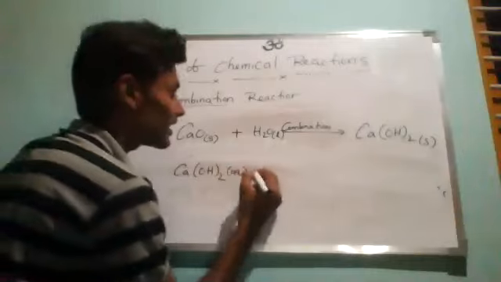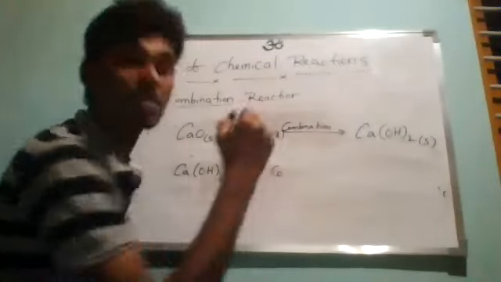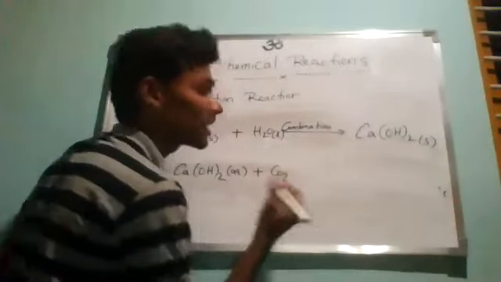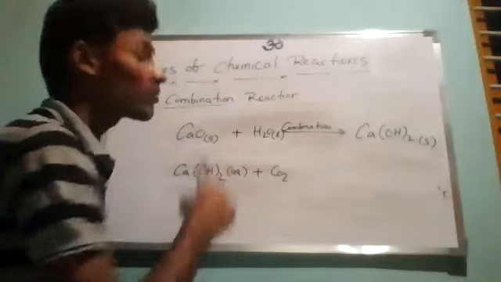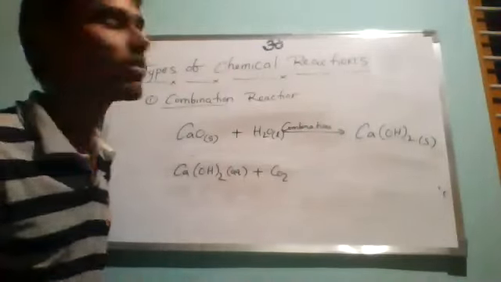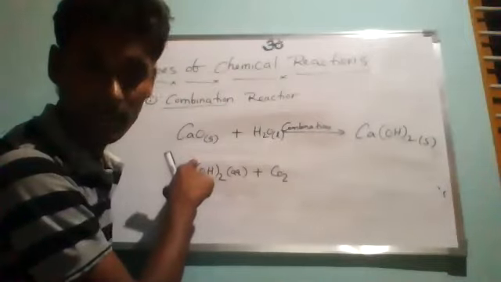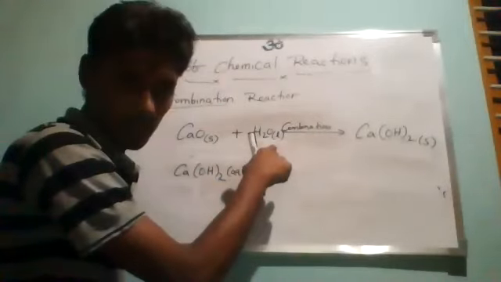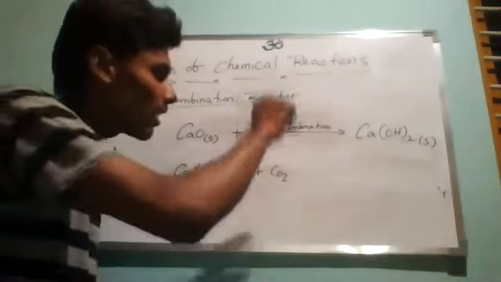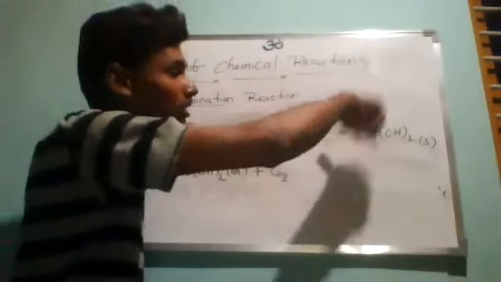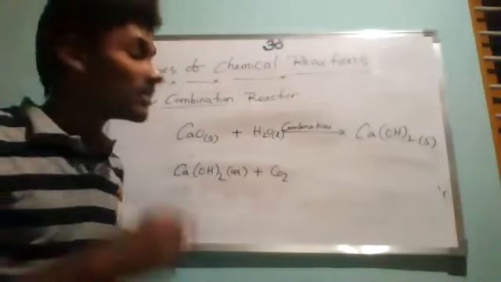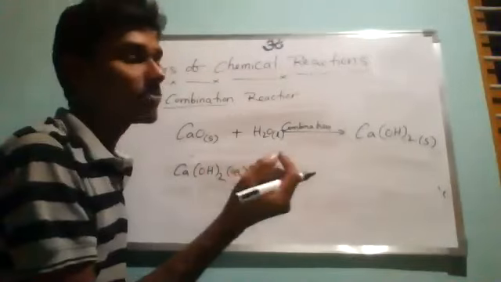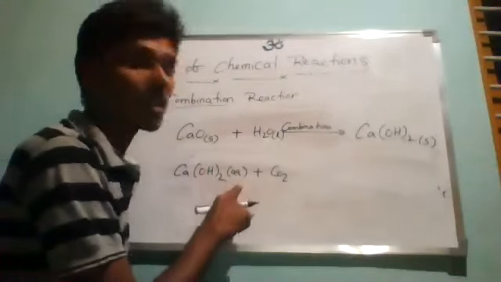will react with carbon dioxide. After applying to the walls, I take the calcium oxide, dissolve it in water, take the brush and apply it to the walls. Now this calcium hydroxide will be wet because it is in aqueous state.